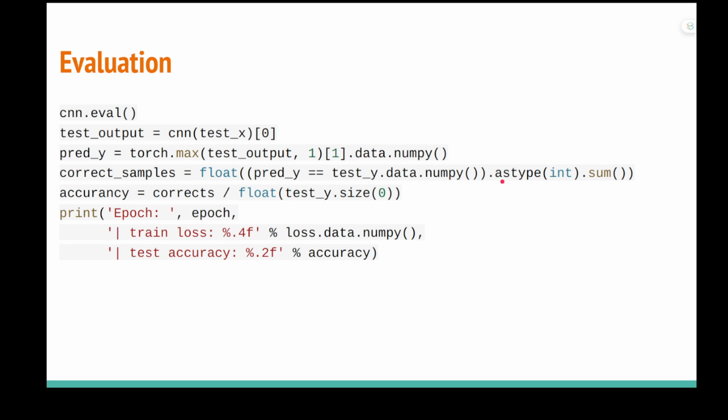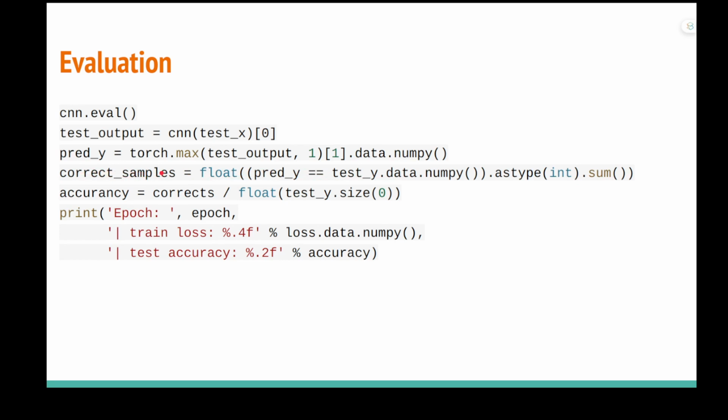Then we convert this Boolean array into integers. If the prediction is true, it becomes 1, and if it's false, it becomes 0. So it becomes an array of 1s and 0s. Then we sum the array together. Since each element of the array is either 1 or 0, the summation indicates the number of correct answers. So this value will be the number of correct samples.